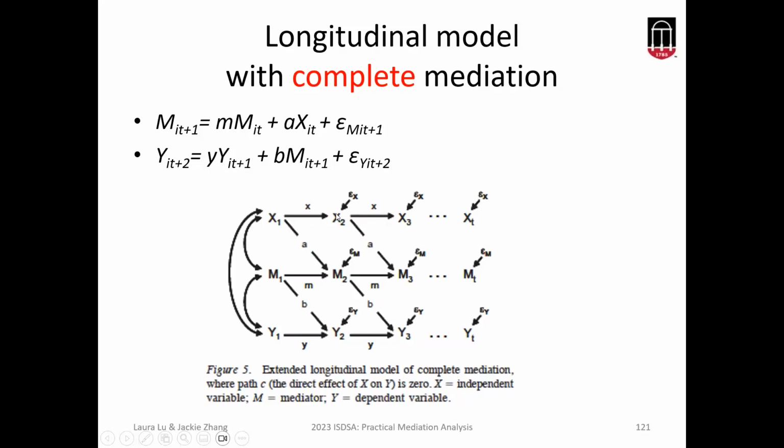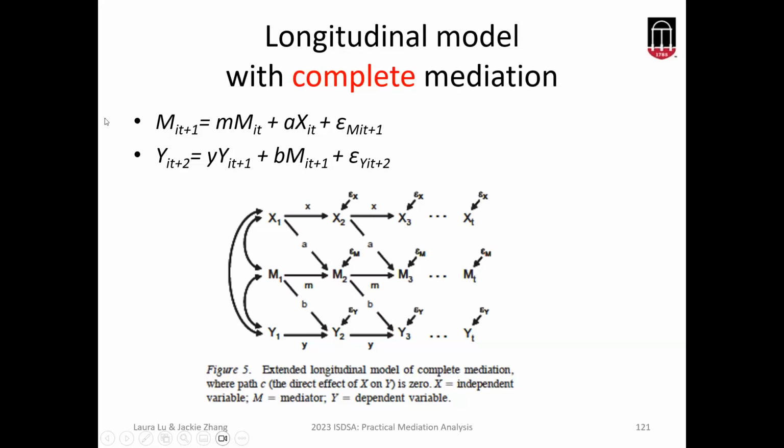And from X1 to X2, we have some coefficient. We assume it's autoregressive. So all these variables will be different when you measure them at different times. If you want to write the equations for this model, you can have this. M at t plus 1 will be influenced by the previous M measured at time t and the X variable, because it is mediation.